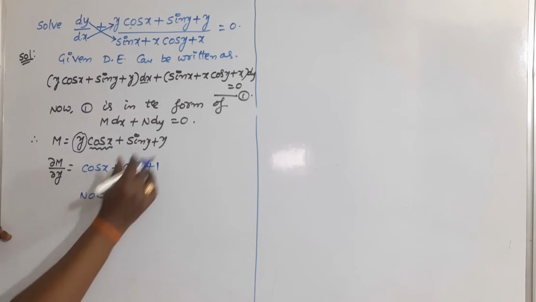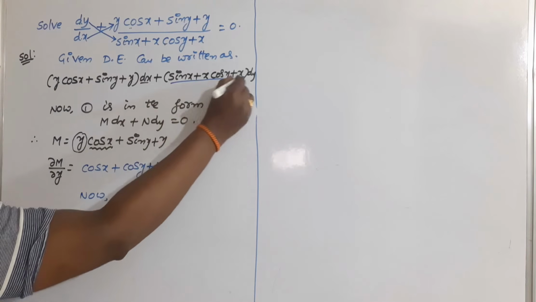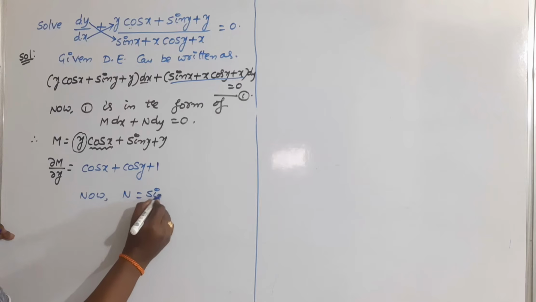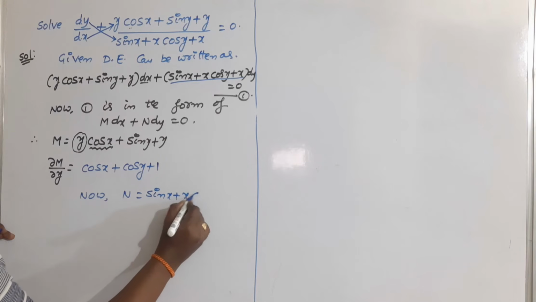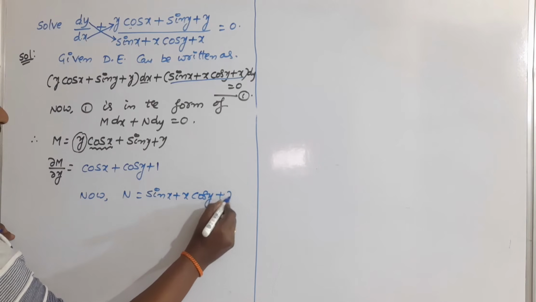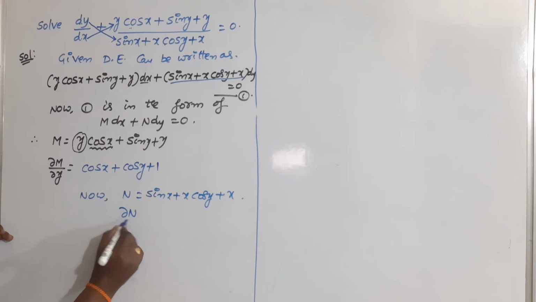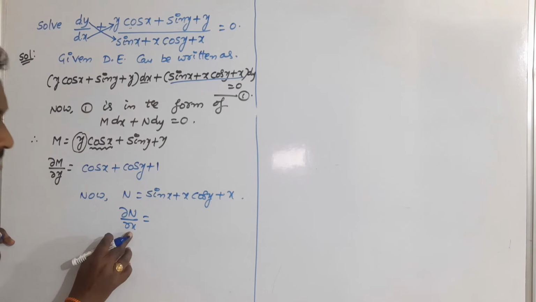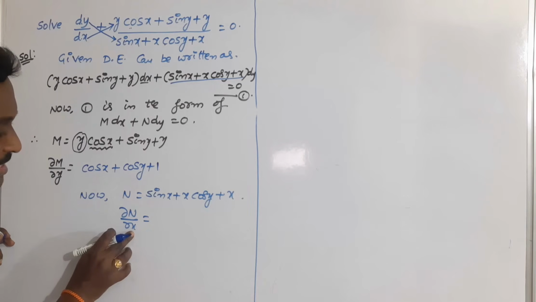Now you should write the N value. What is N? Coefficient of dy in the given problem, which is sin x plus x cos y plus x. Now calculate dou N by dou x. In this case only x is the variable, y is constant.